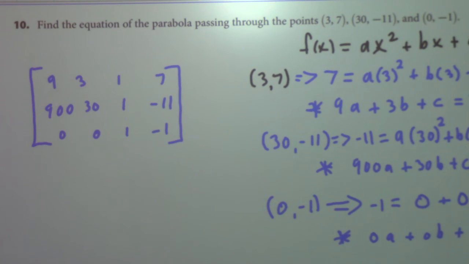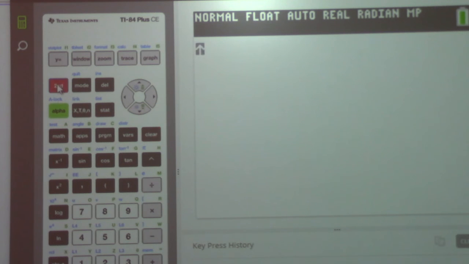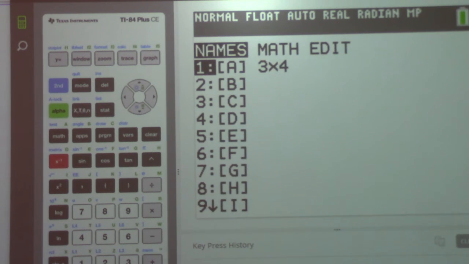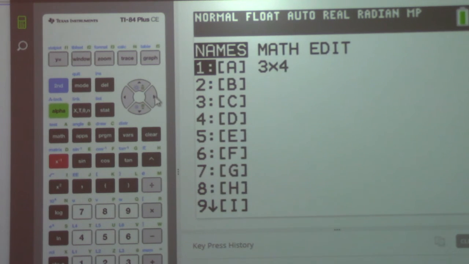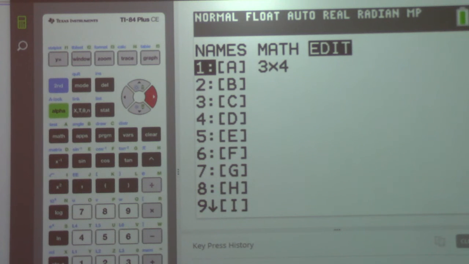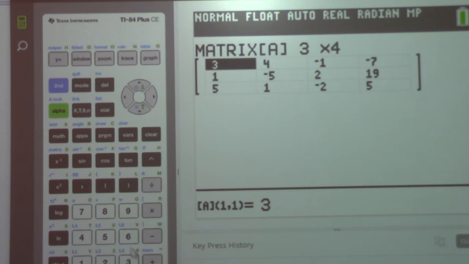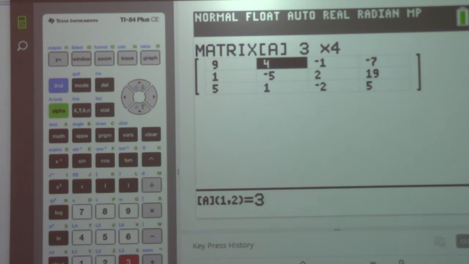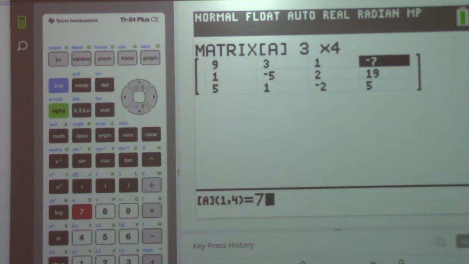To solve this, I'm going to clear this out, go to second matrix, and then go over to edit. And we have a 3x4 matrix. So we have, I think it's 9, and then 3, and then 1, and then 7.